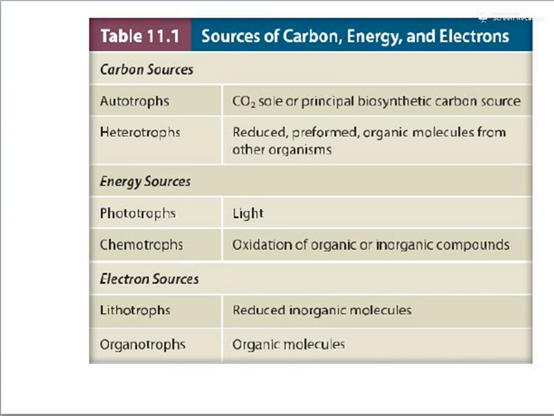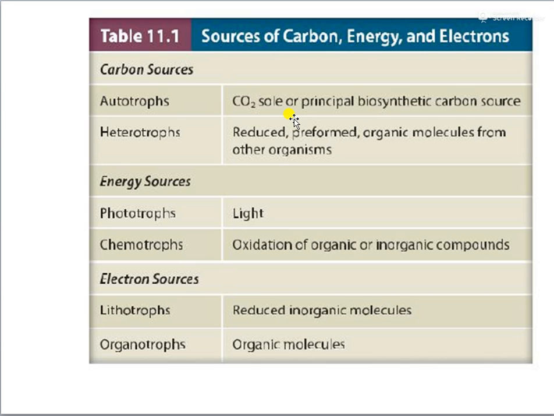Now, if you consider the microorganisms, you can see that some of them are autotrophs and some of them are heterotrophs. Autotrophs can use carbon dioxide as a sole carbon source and they can also do photosynthesis, just like the plants.